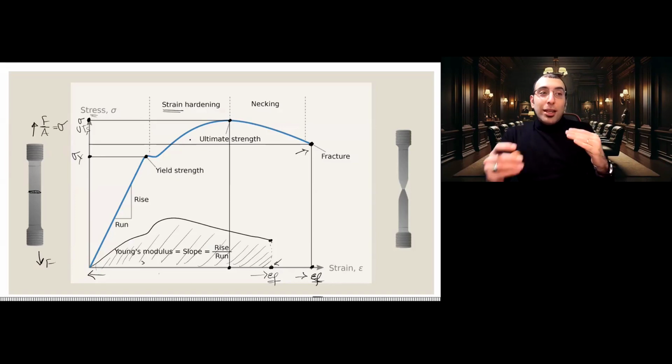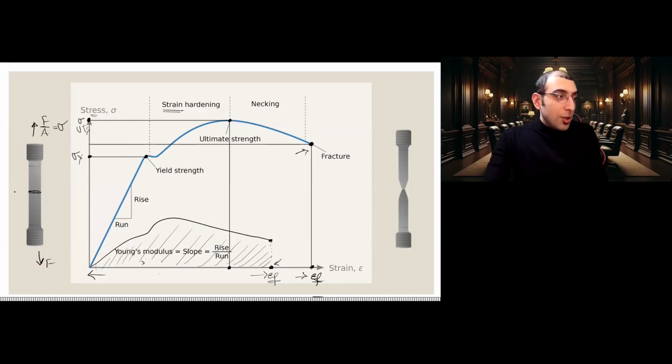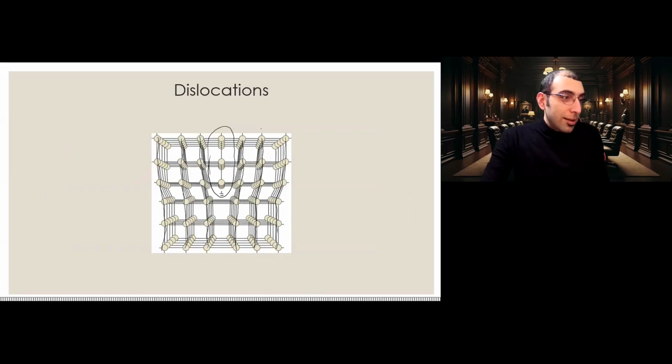So in the beginning, at the initiation point of plastic deformation, these dislocations, these half planes will start to move. Okay. So these half planes will start to move either in this direction or in this direction.